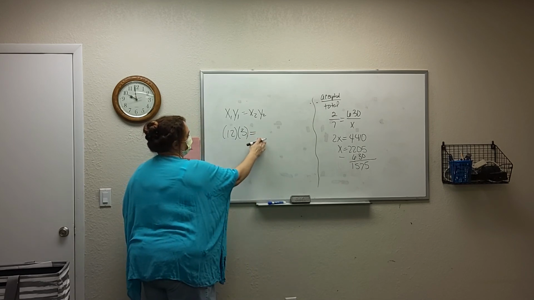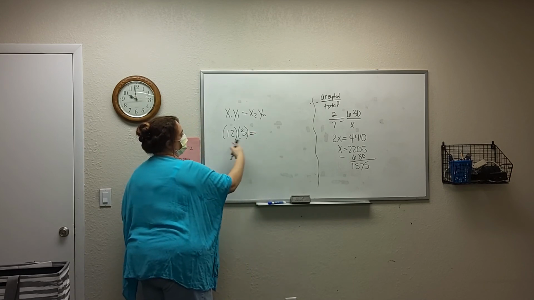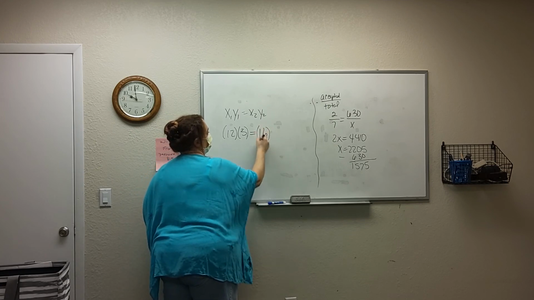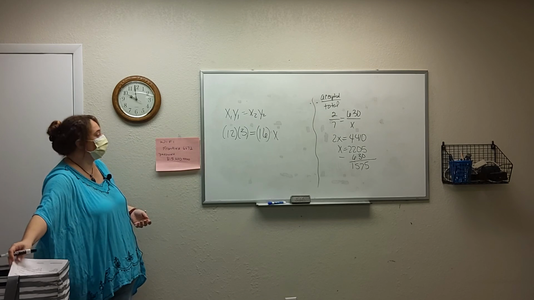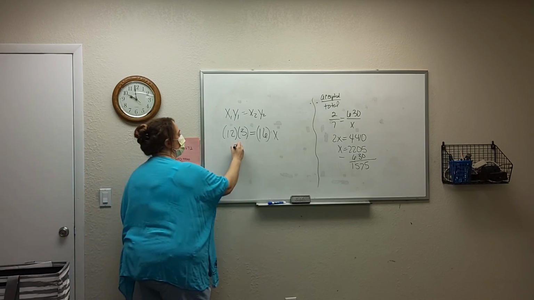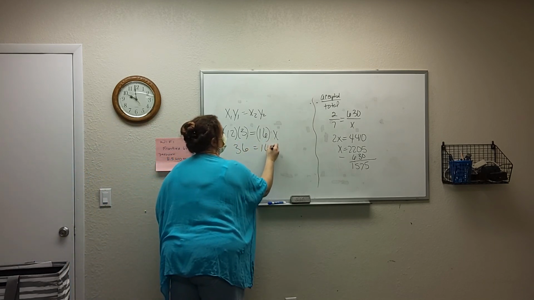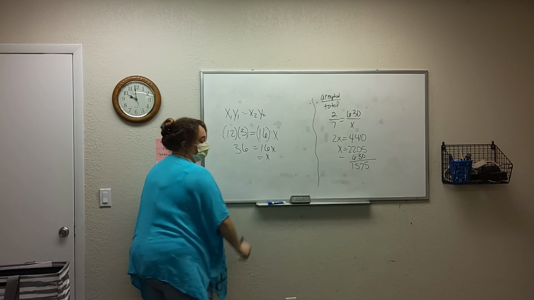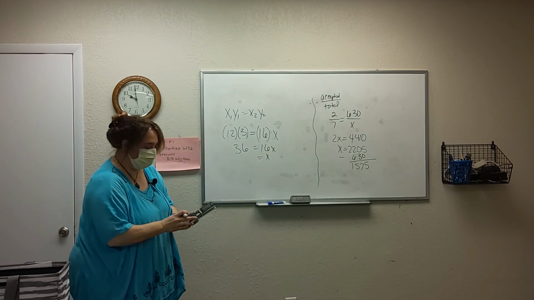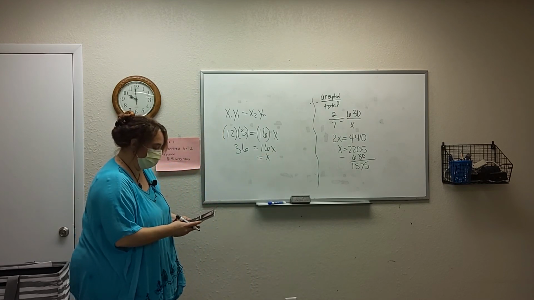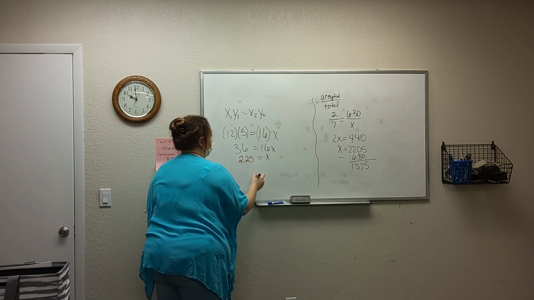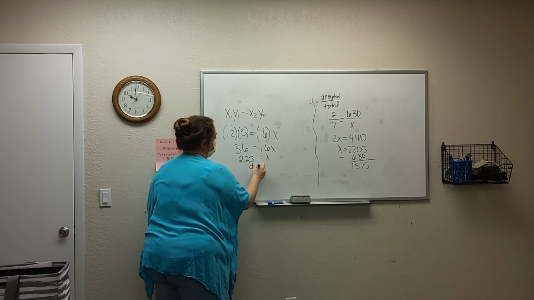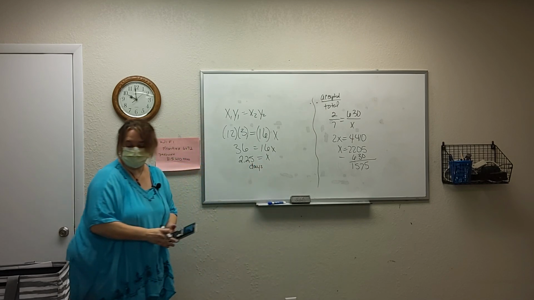Now, in the second case, we have 4 more vultures. So 12 plus 4 would be 16. So now I have 16 birds, and I want to know the amount of time it's going to take. That's kind of my first step. So 12 times 3 is 36. It is going to be 36 divided by 16. It's 2 point something. 2.25. So it's going to take them 2.25, and I'm still in days here. So it's going to take them 2.25 days now to eat the buffalo.